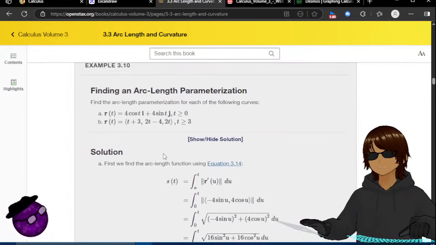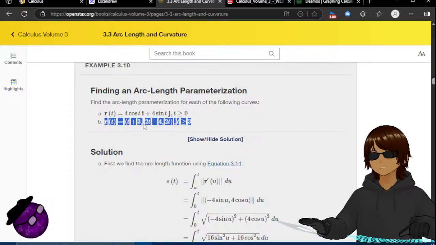Why is it 1, 2, 2? Where did the variable t go?